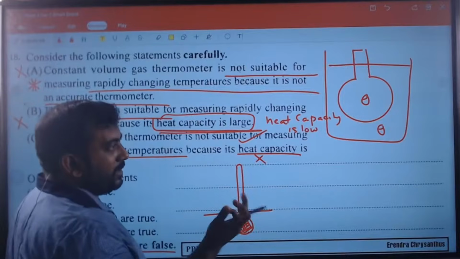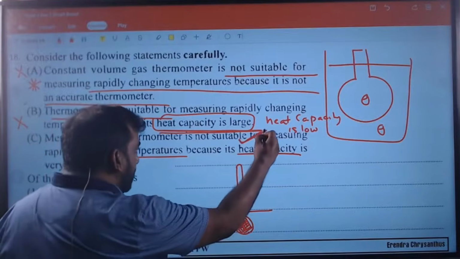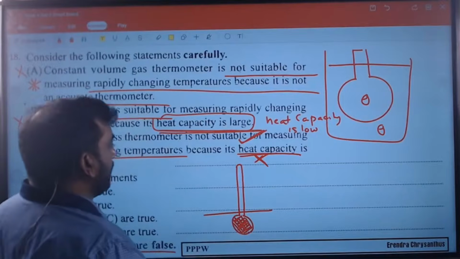But actually, if you use a mercury thermometer, quickly it will change. Your body temperature is quickly changing. So you can measure, but heat capacity is not low. Heat capacity is high. Like that.